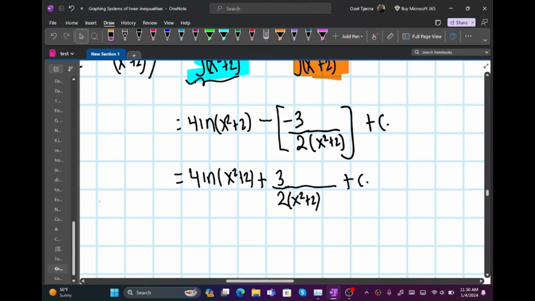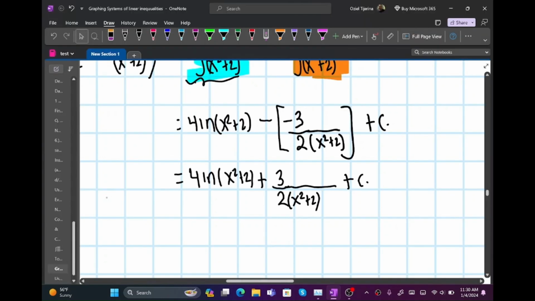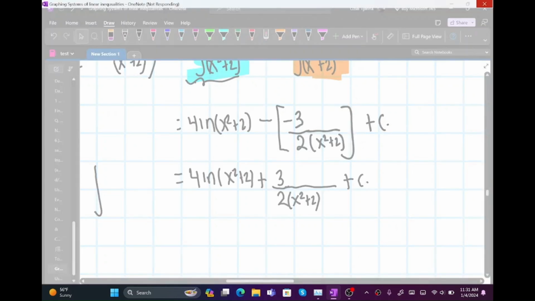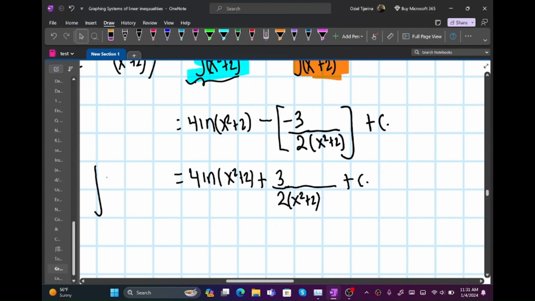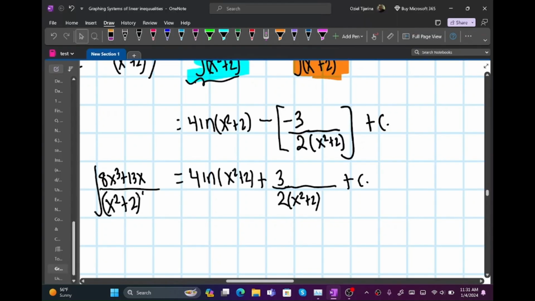And this is our final answer for the integral of 8x cubed plus 13x over x squared plus 2 quantity squared dx. Sorry guys, hold on.